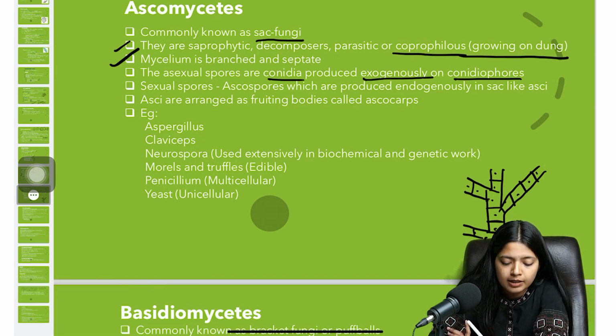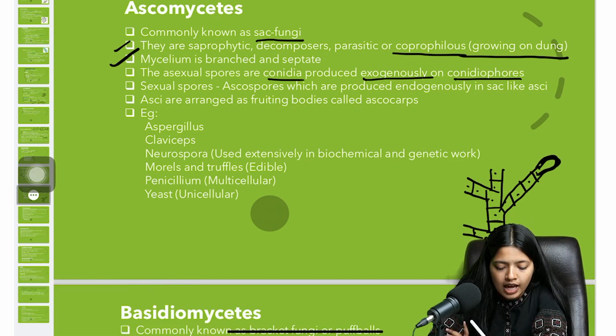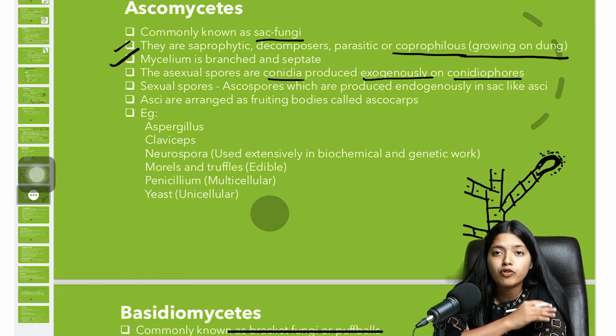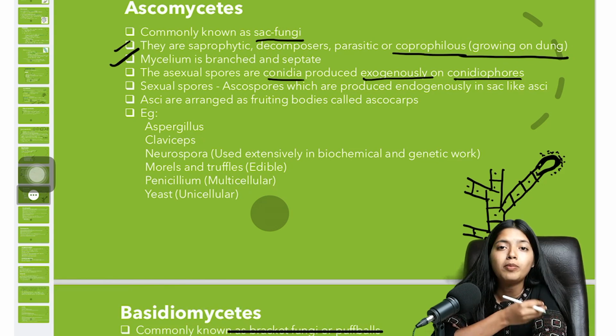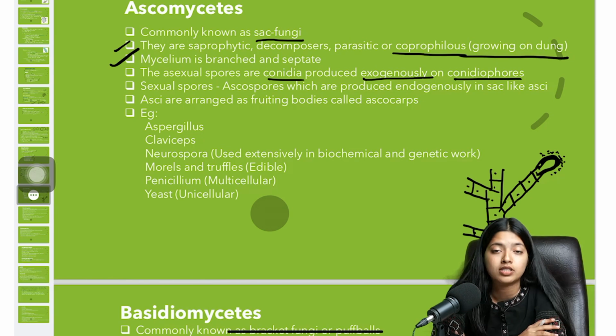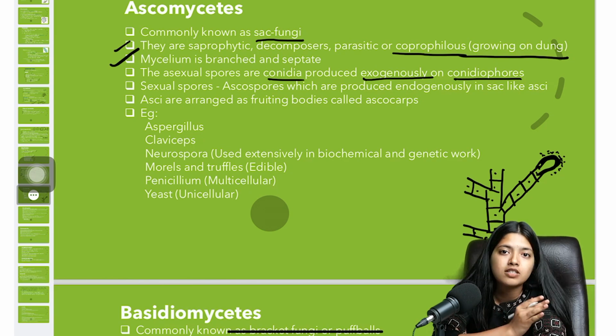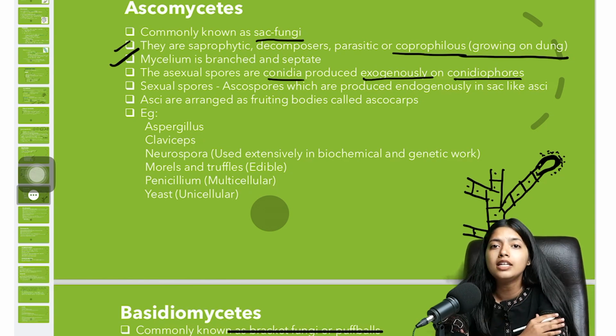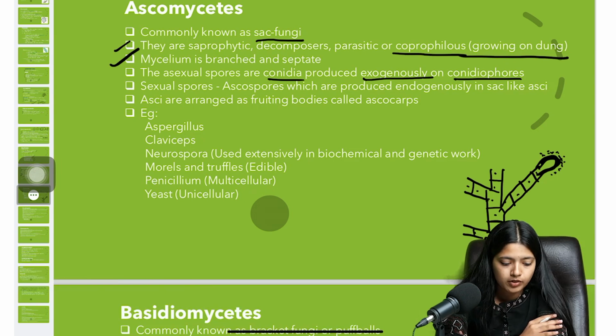That means at the tip of the hyphae a structure called the conidiophore is formed, and the conidia are formed externally. It is not endogenous, it is exogenous. It is formed outside the body.